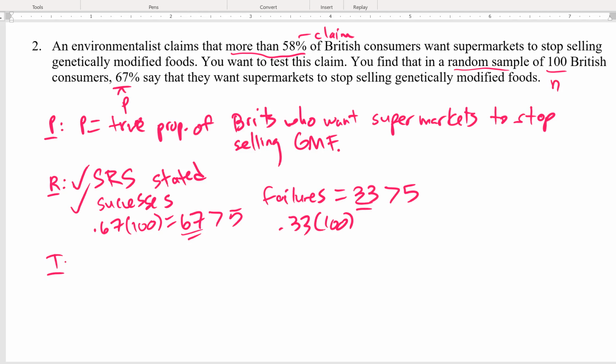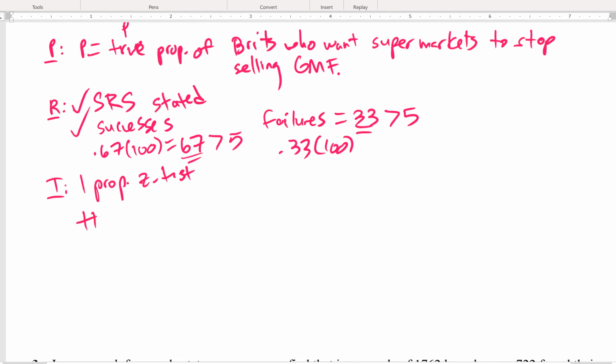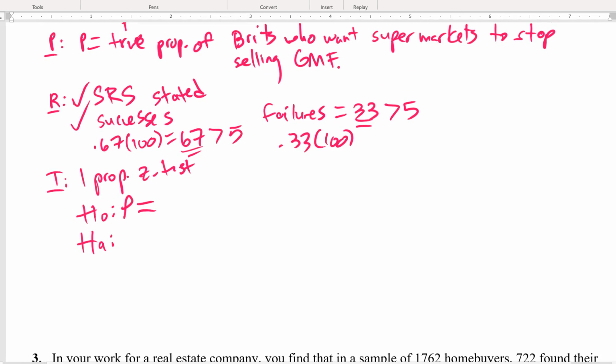Let's run the test. We're going to do a 1 proportion Z test. I would like a 3rd point, and so I'm going to go ahead and set up our hypotheses. Null hypothesis, using the p, always equal to, what's the claim? They claimed 58%.